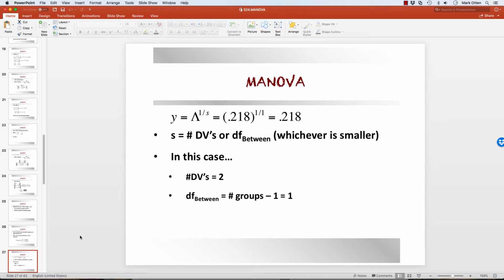So in other words, in this case we have 2 dependent variables and we only had 2 independent variable categories, and so this was pretty straightforward, like we didn't even have to put this in the exponent, right? Because the S there, the S is the number of dependent variables or degrees of freedom between, whichever is smaller. Well, in this case, degrees of freedom between was just 2 minus 1, so it was 1.